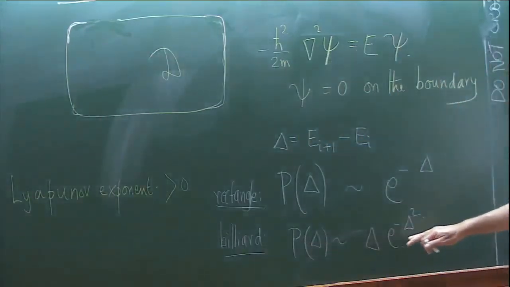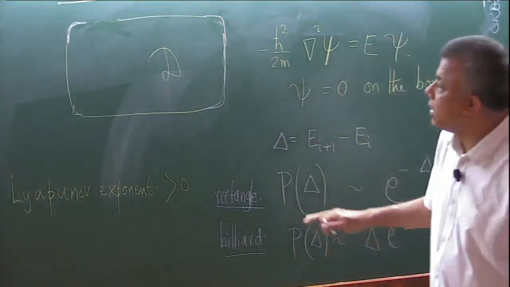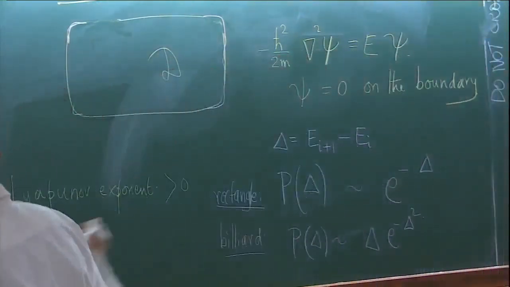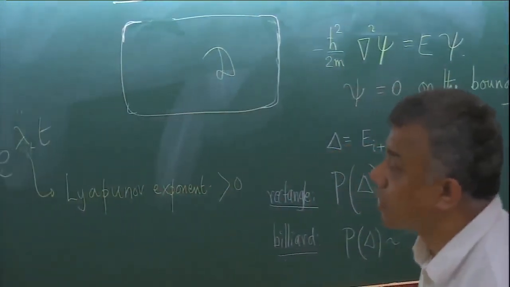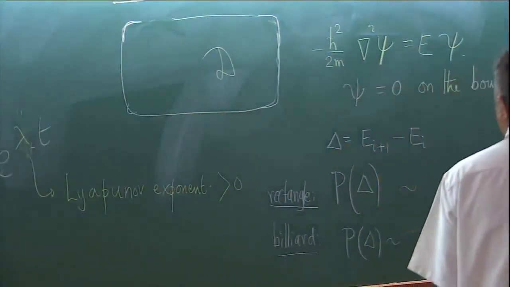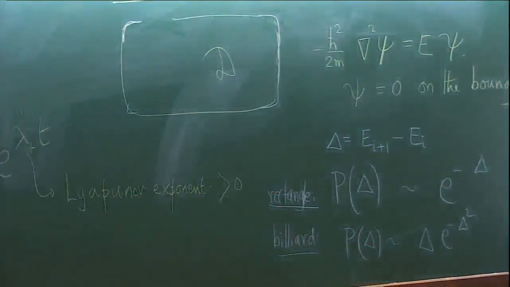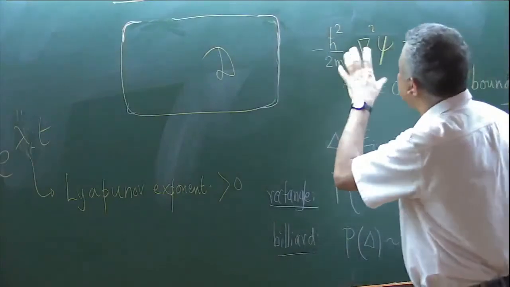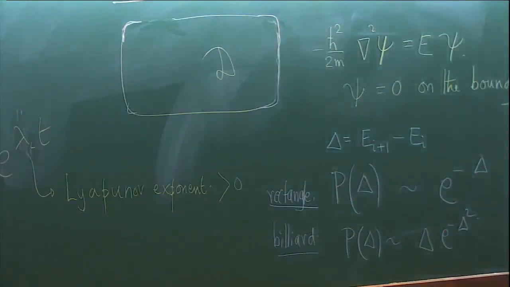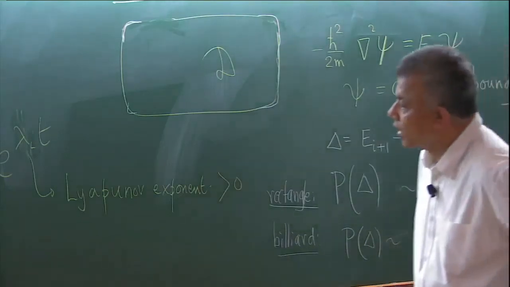In fact, this is exactly the same as the eigenvalue spacing distribution of a Gaussian random matrix. Again, you don't see where the matrix is, where the random is. The rationale is that for a billiard you cannot solve the Schrodinger equation because it's a very complicated problem, but somehow the boundary condition makes the effective Hamiltonian kind of a random Hamiltonian. And if you look at the spectrum, it looks like that of a random matrix.